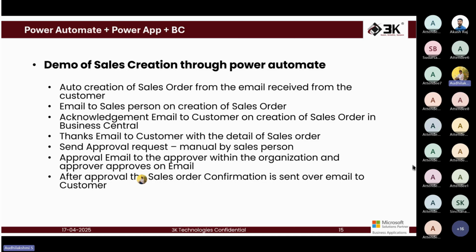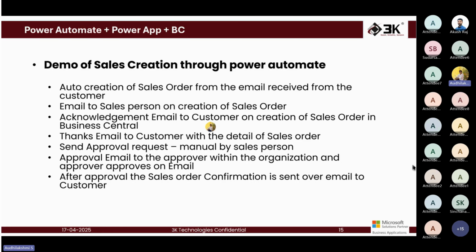Okay. So here I would like to showcase a demo of sales order creation through Power Automate. In this process, I am going to trigger an email, from my customer who is going to send me the inquiries or the orders. I'll be nominating a particular email ID, and I'll inform my customer that if they have any orders, kindly send them to this particular email.